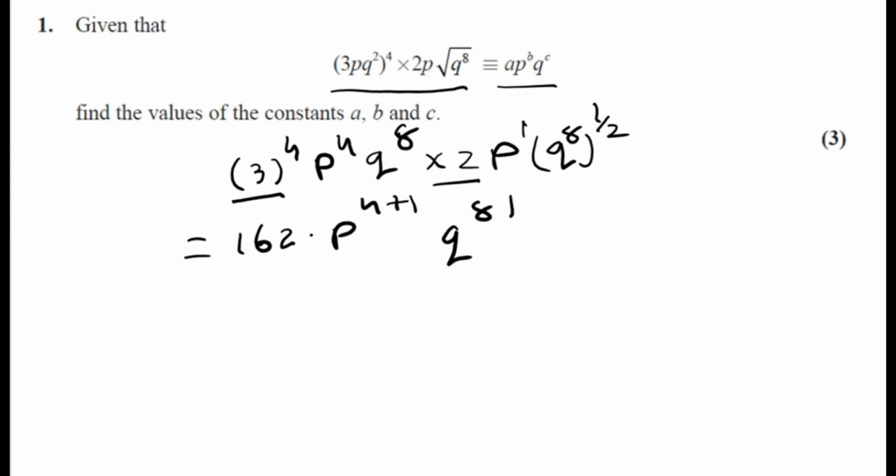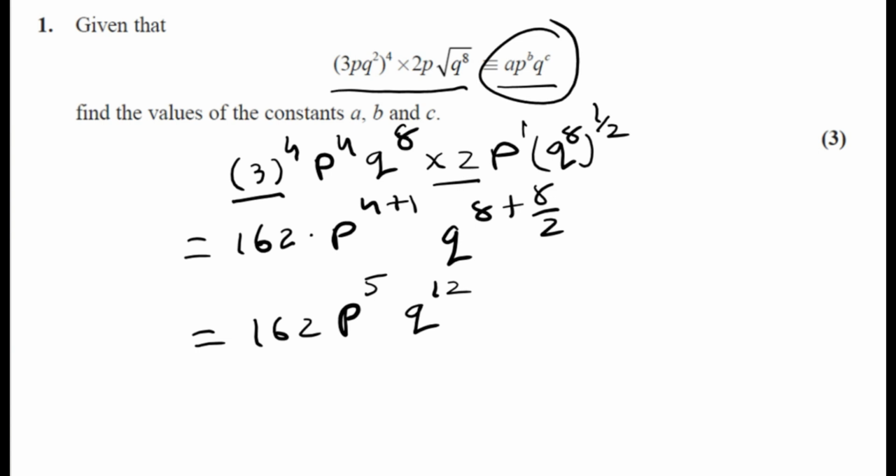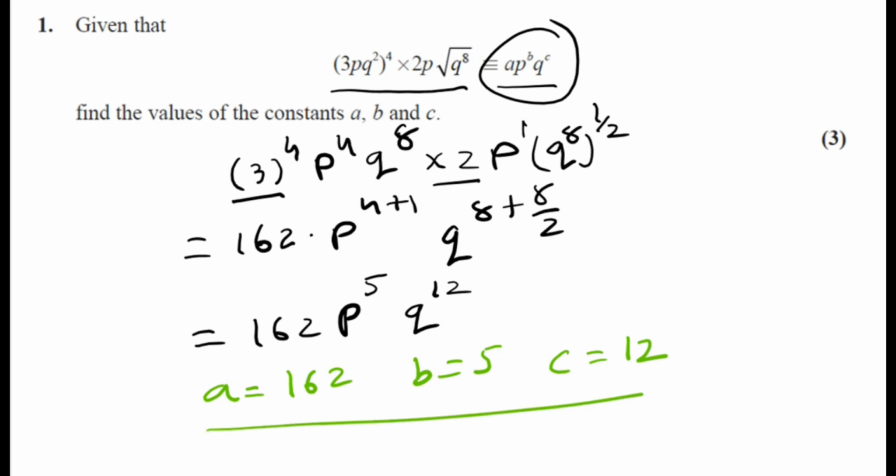And Q power 8 plus 8 over 2. So 162 P power 5 and Q power 12. Now compare your answer here. So our A is 162, our B is equal to 5 and our C is equal to 12. This is very important to write in the exam.